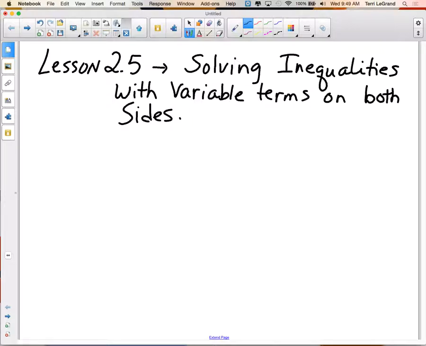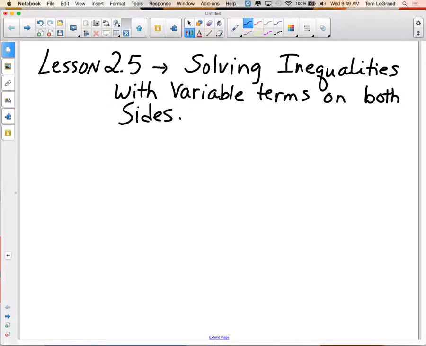When you multiply by a negative number, yes, then the inequality sign switches, it reverses, it flips over.